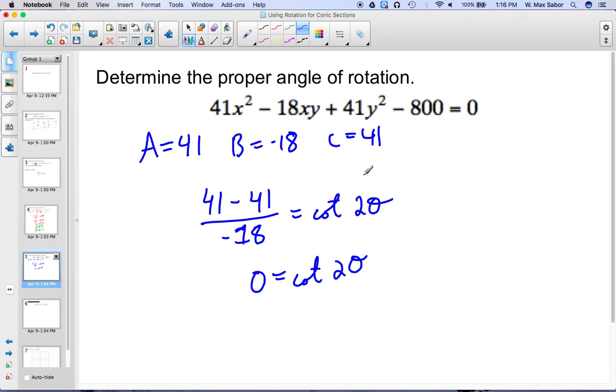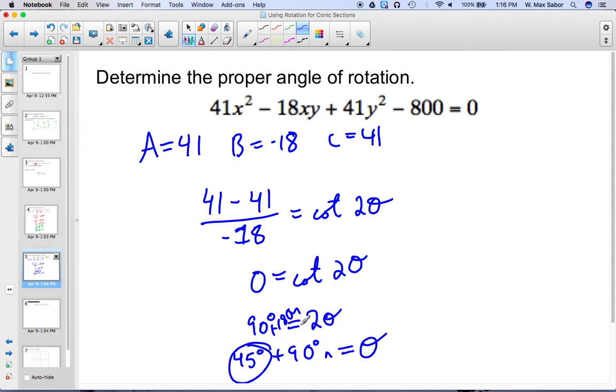Cotangent is 0 at, say, 90 degrees. So 90 degrees equals 2 theta plus 180n. We can divide that by 2 and get 45 degrees, or we could use some multiple of it. So we would probably rotate by 45 degrees.